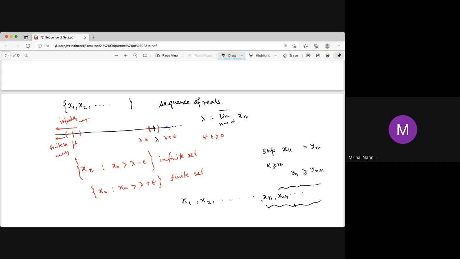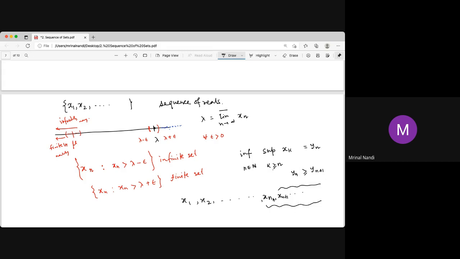And once it's a decreasing sequence, the limit of that is just the infimum over all n.